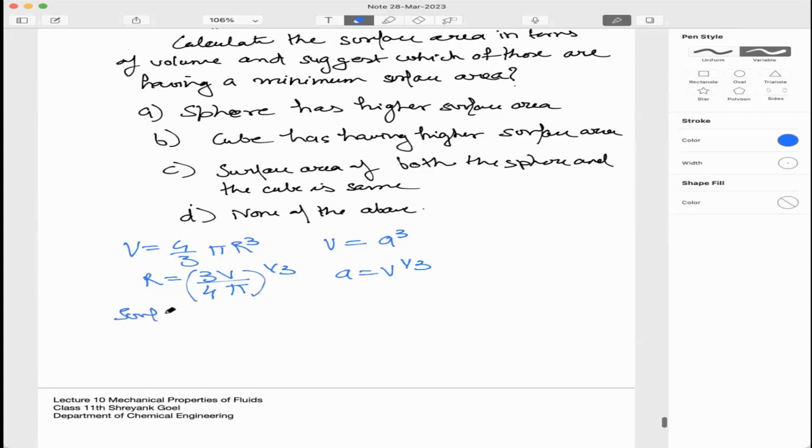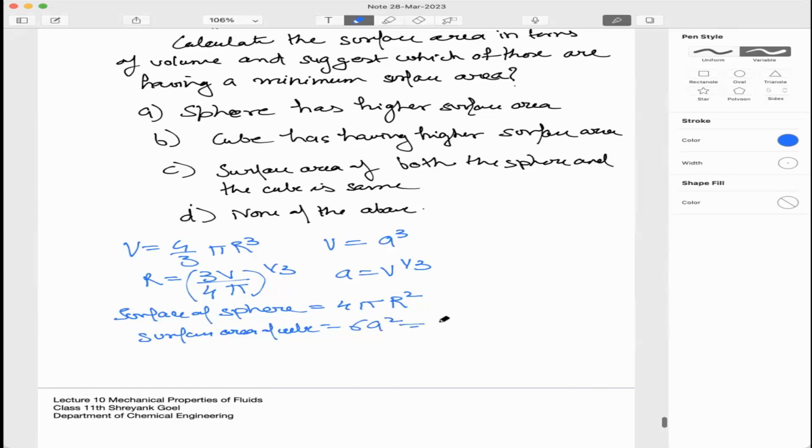Surface area of sphere is 4 pi r square, and surface area of cube is 6a square.